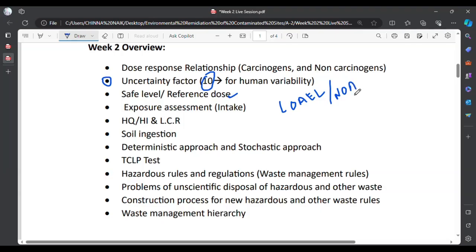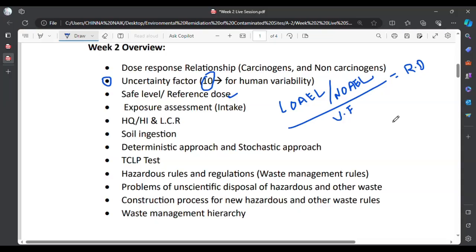So how do we calculate reference dose? Based on LOAEL or NOAEL upon uncertainty factor.